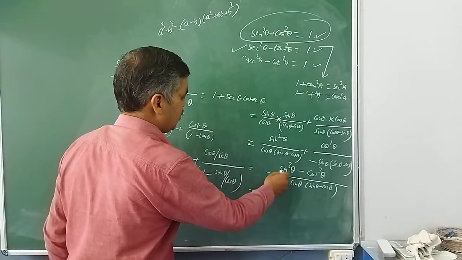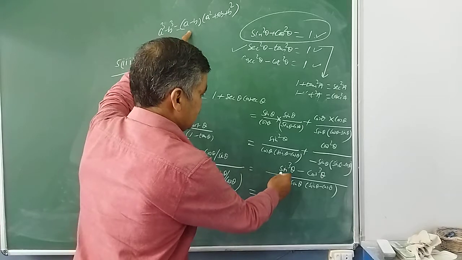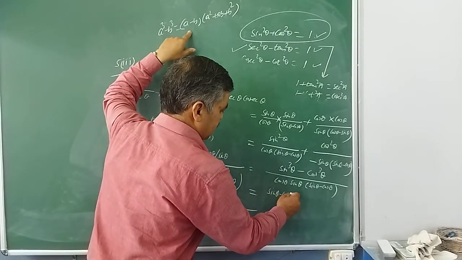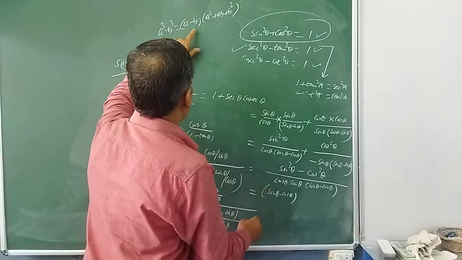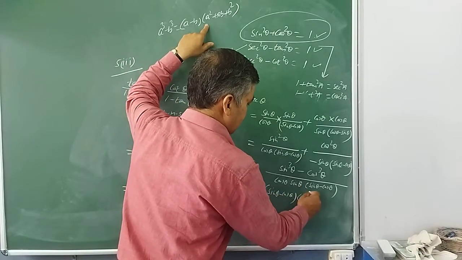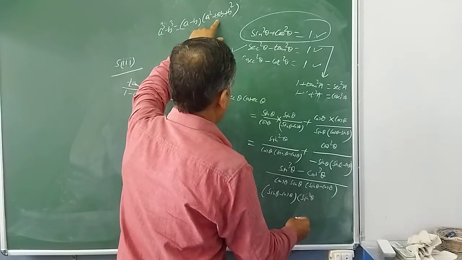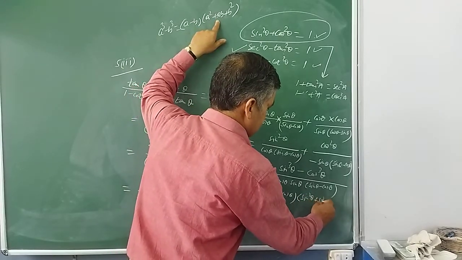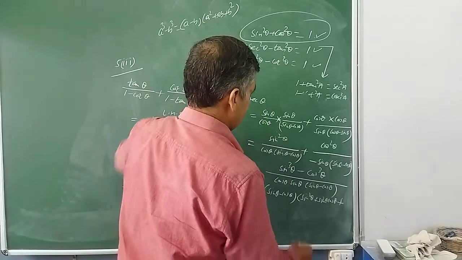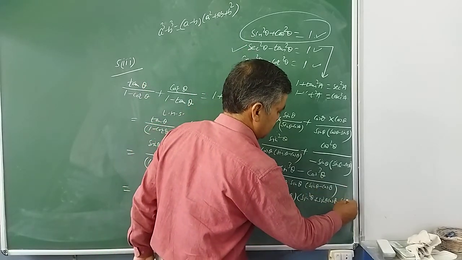And here I have to write a minus b means sin theta minus cos theta into a square. A square means sin square theta and plus ab means sin theta cos theta plus b square means cos square theta.